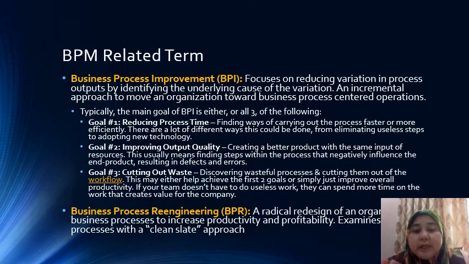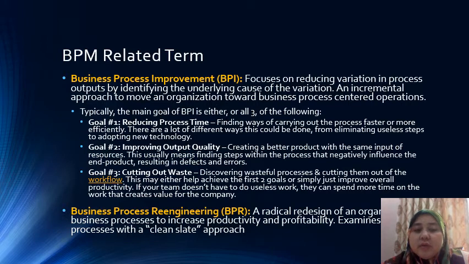So there are two related terms that we're going to look at: business process improvement and business process re-engineering. Okay. So business process improvement focuses on reducing variation in process output by identifying the underlying causes of variation. It is an incremental approach to move an organization toward business-process-centered operation.